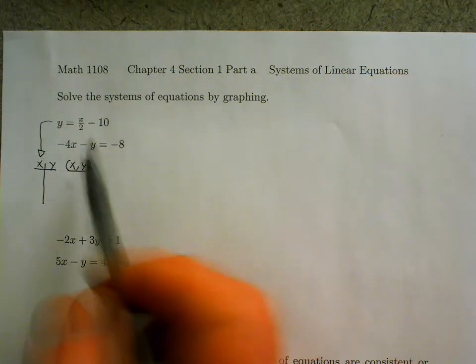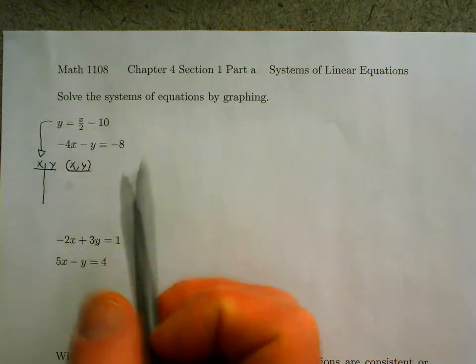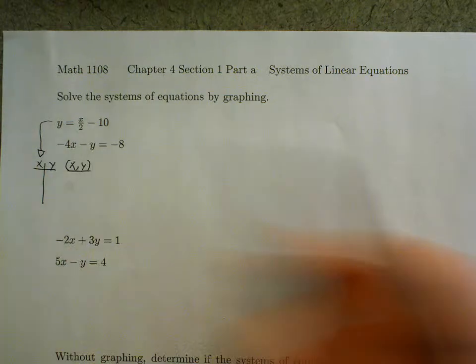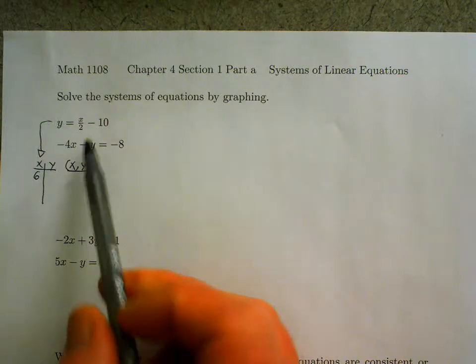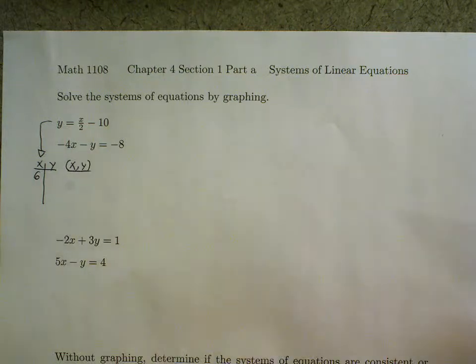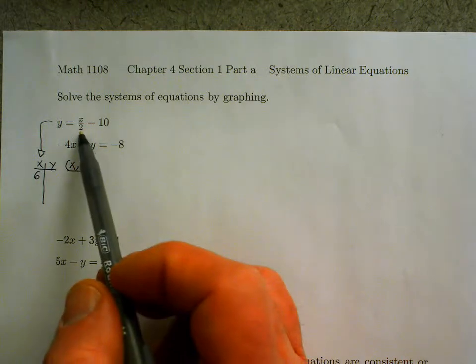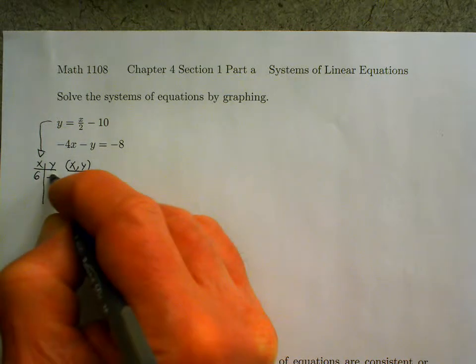So maybe if I pick, looks like I'm going to get fairly big numbers anyway, but if I pick x to be 6, 6 divided by 2 is, whoops, okay, I guess we're just not going to get around it. 6 divided by 2 is 3. 3 minus 10 is -7.